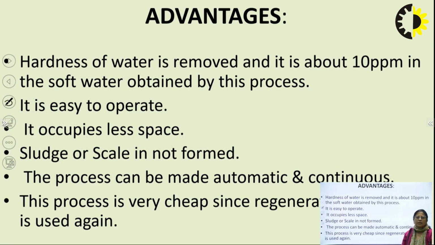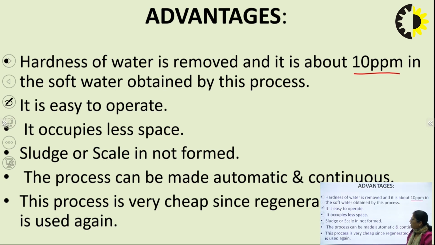Now, there are certain advantages of the process. The first advantage is that the hardness of water is removed, and the outgoing soft water is going to have around 10 ppm of hardness. It is easy to operate and it requires less space.